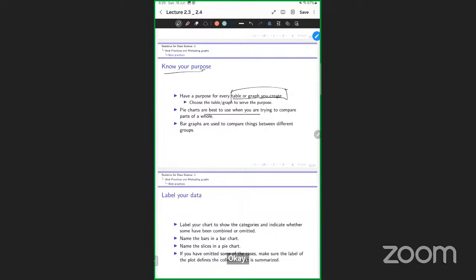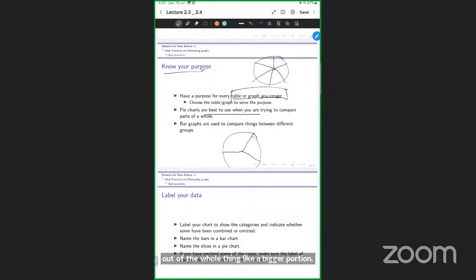So when you want to compare the part to the whole, let's say this is a pie, what we want to see is how this pie looks: which piece is bigger, which is smaller, and how much it takes out of the whole thing. Is it taking out a bigger portion or a smaller portion of the whole? If you want to see that, then you will use a pie chart.